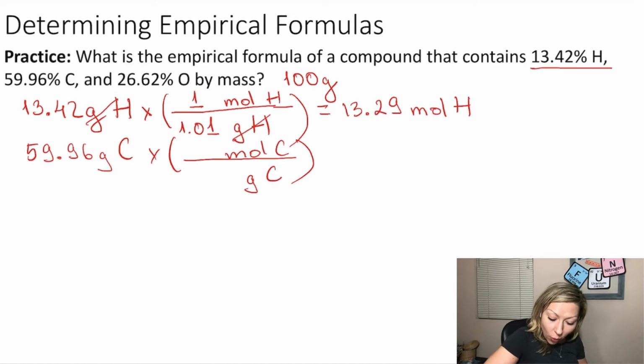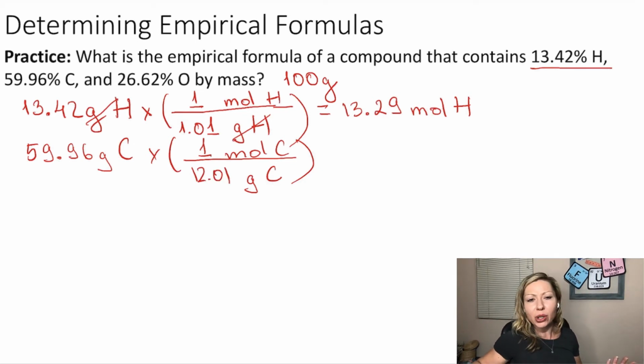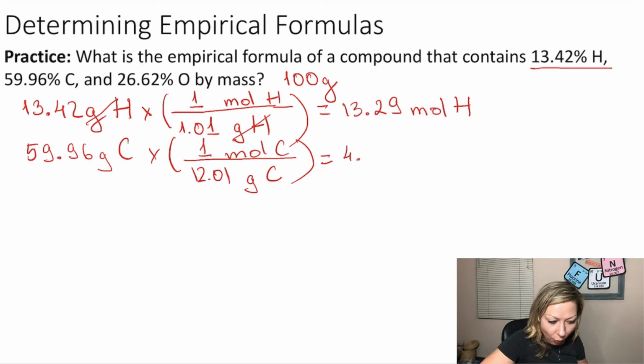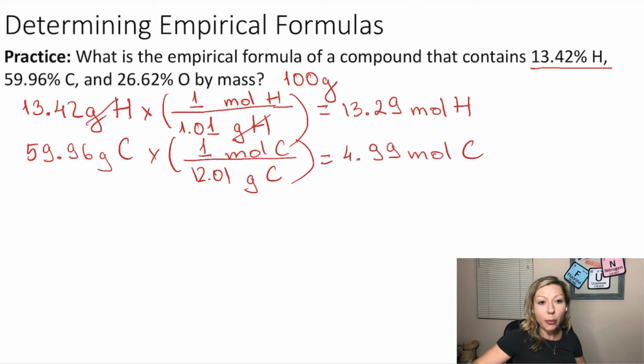We know that 1 mole of carbon is 12.01 grams. Where am I getting these numbers? Simply from the periodic table, right? So you can always open up a periodic table and figure out the molar mass of each element. Now, if you do this calculation, you are going to see that this amount is 4.99 moles of carbon.